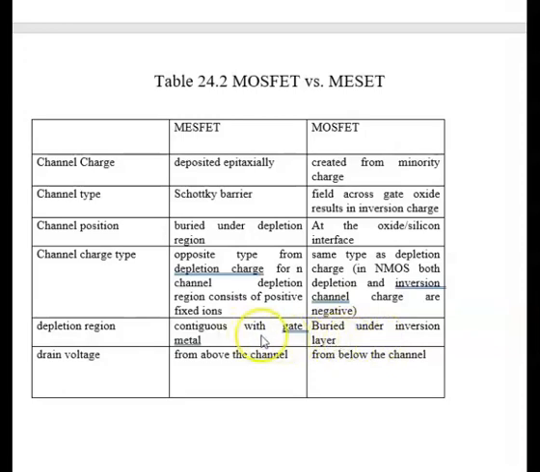So that's another dissimilarity. And the drain voltage comes from above in a MESFET, and it comes from below in a MOSFET. That's why we can deposit the source and the drain in a MESFET, whereas we have to implant the source and the drain in a MOSFET.